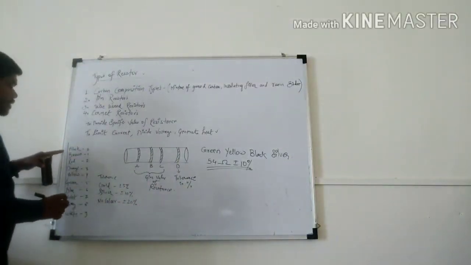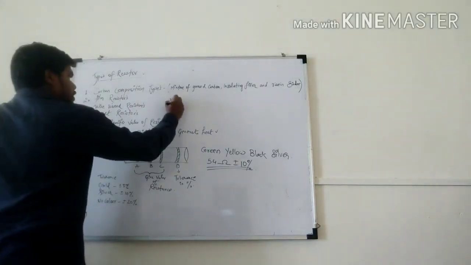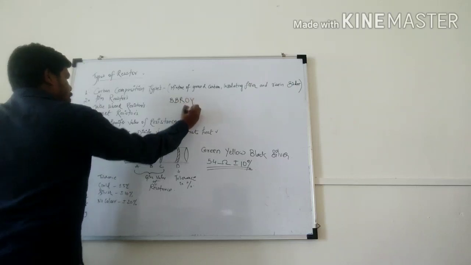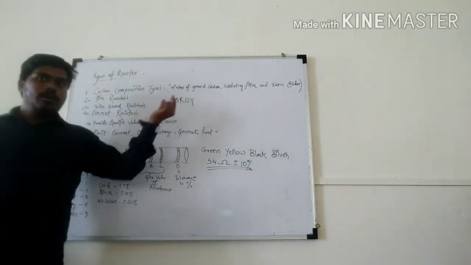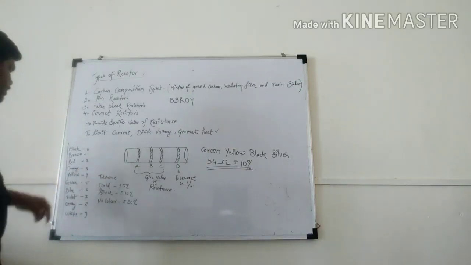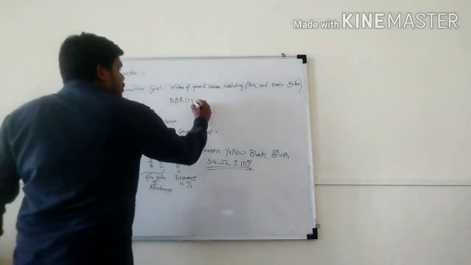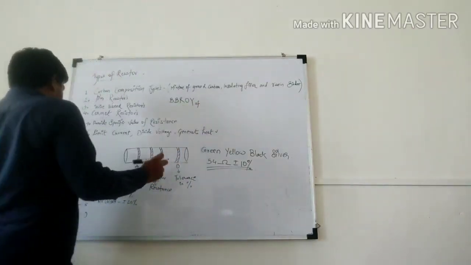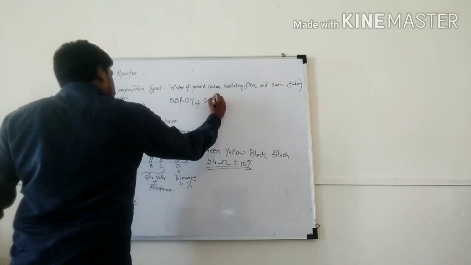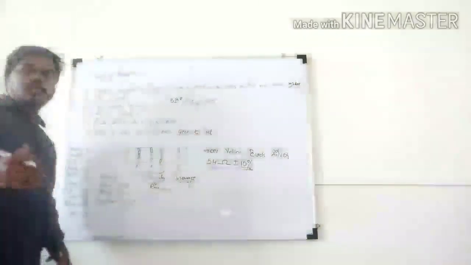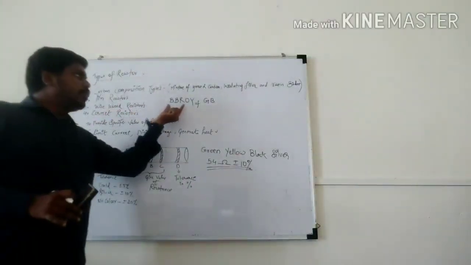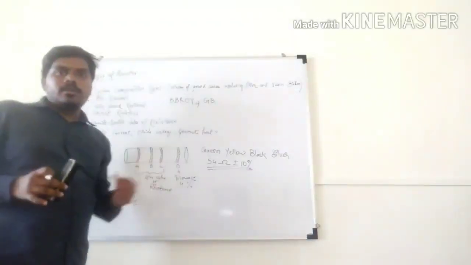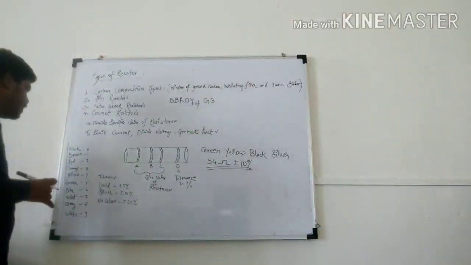You can write B B R O Y, BB Roy is one word, of, you can write in small letters, G B means Great Britain. BB Roy is a person of Great Britain.